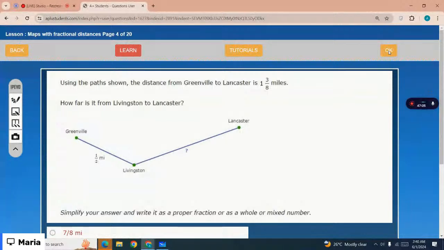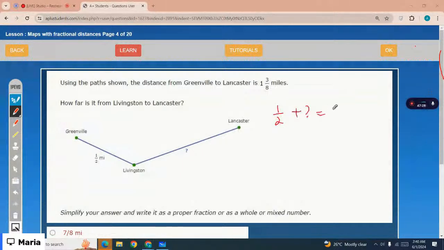Okay, using the path shown, the distance from Greenville to Lancaster is 1 whole 3 by 8 miles. How far is it Livingston to Lancaster? So the total distance from Greenville to Lancaster is 1 whole 3 by 8. That is 1 by 2 plus the missing one is 1 3 by 8.